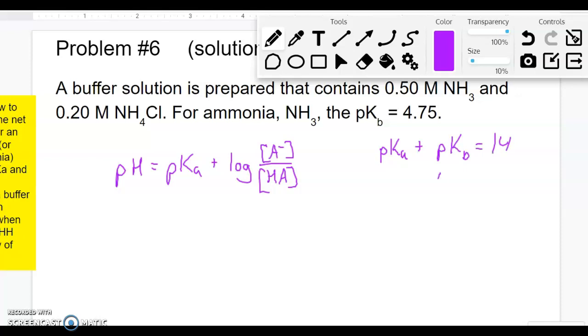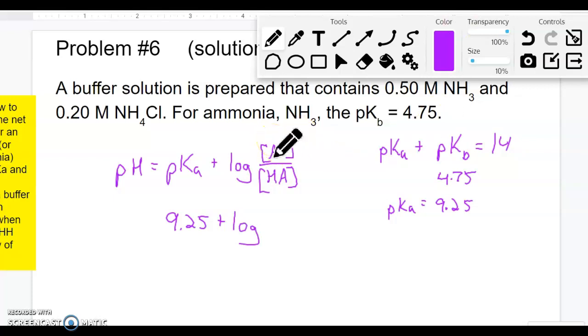And this pKb we said was 4.75. If I wanted to solve for the pKa, I subtract that from 14, I get 9.25. That's cool. I can put that over here, plus the log of the concentration of the A minus.